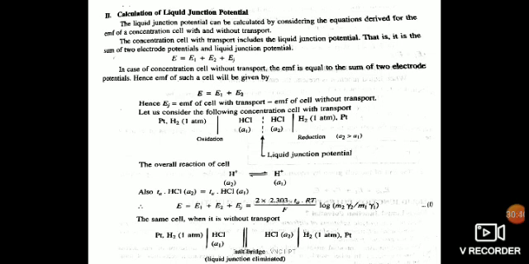They have been separated by means of a salt bridge. That's why liquid junction potential has been eliminated. The overall reaction in this cell is H+ of activity A2 giving rise to H+ of activity A1. Therefore, E is equal to E1 plus E2, and that is equal to 2.303 RT by F into log of A2 by A1. Therefore, EMF without transport is equal to 2.303 RT by F into log of m2 gamma 2 by m1 gamma 1.